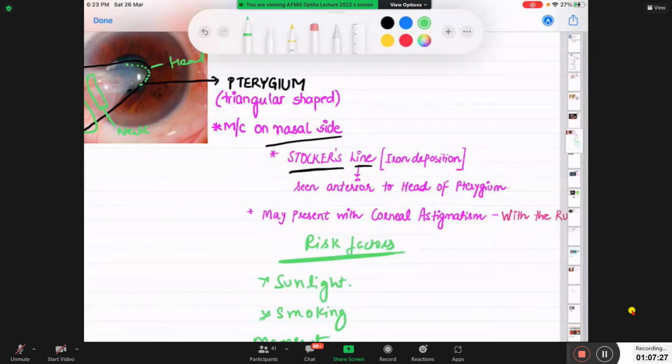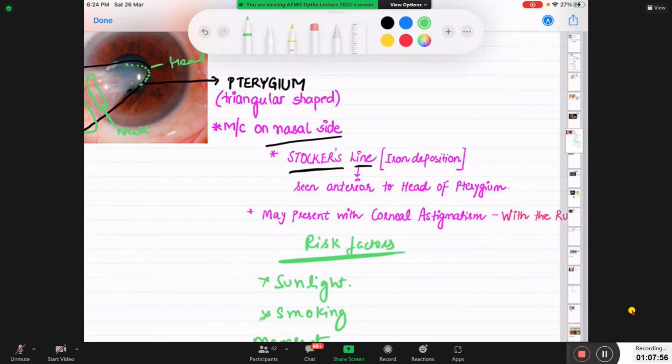It is not copper deposition. Please remember, copper deposition was present in KF ring. And in this Stocker's line, there is deposition of iron. Okay. So don't get confused.